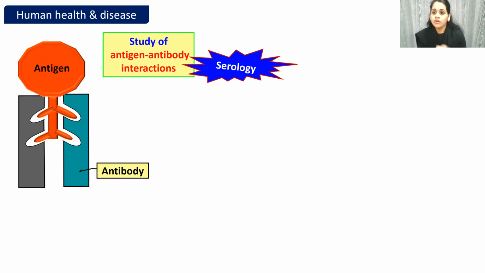We have talked about the structure of the antibody in this video, about the four chains joined with disulfide bonds. Then we talked about the hinge, the variable region, and the constant region. Then we talked about the two most important words which should be very clear, that is paratope and epitope. Paratope is present where? On the antibody.